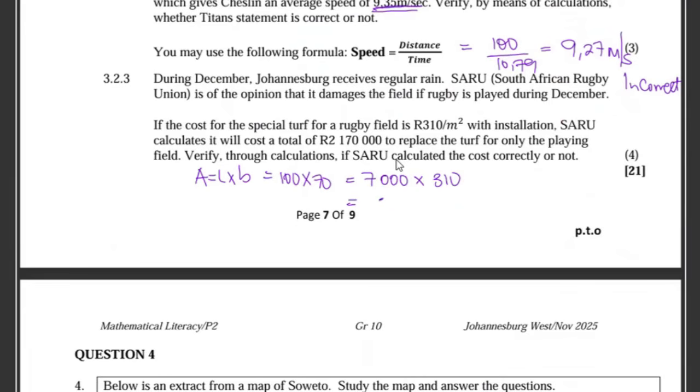Indeed, you end up having 2,170,000. The moment you hear the word verify, your final answer has to be what? Because now we've got the same answer as this. So the claim is what? The claim is correct.